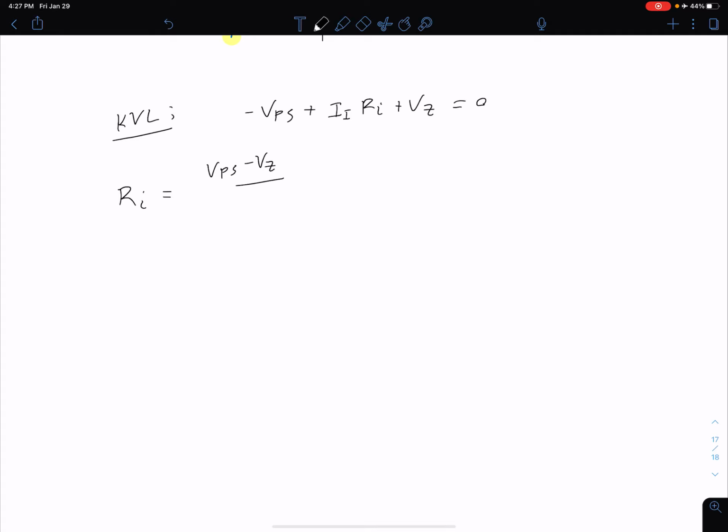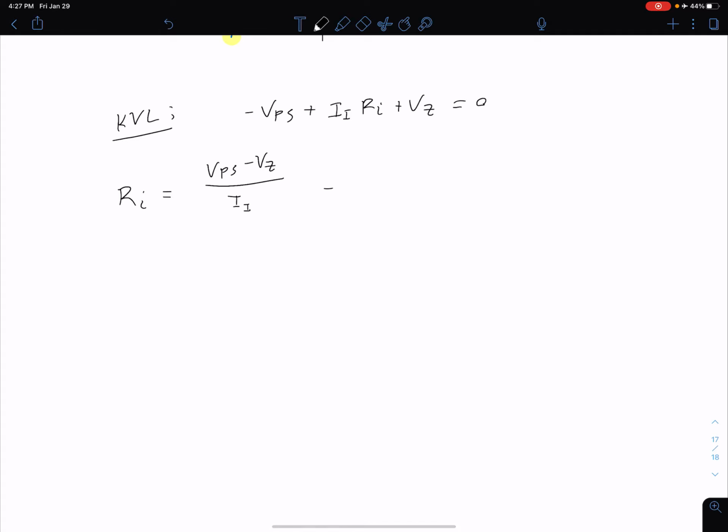Okay, so first of all, let's start with our KVL around that loop. And again, you can start at any point, go in any direction. But what we have from KVL is negative VPS plus our input current times our input resistance plus our Zener voltage is equal to 0. So we can solve that for our R sub I: VPS minus VZ divided by our input current.